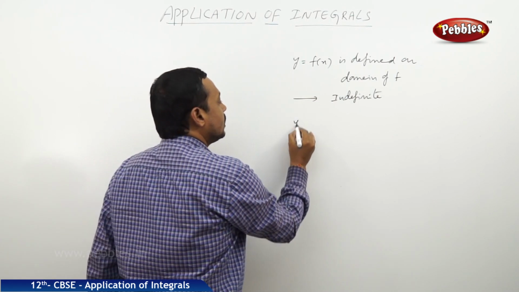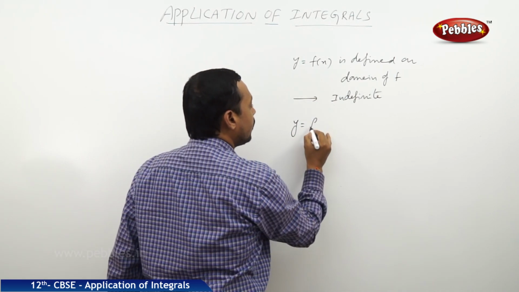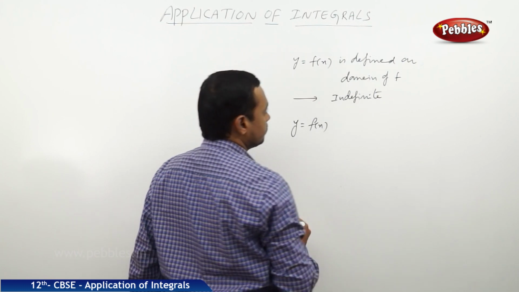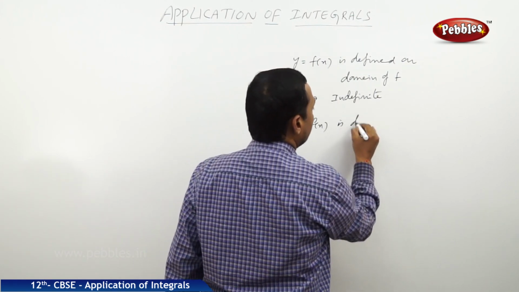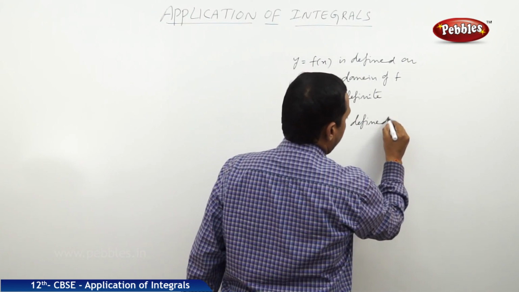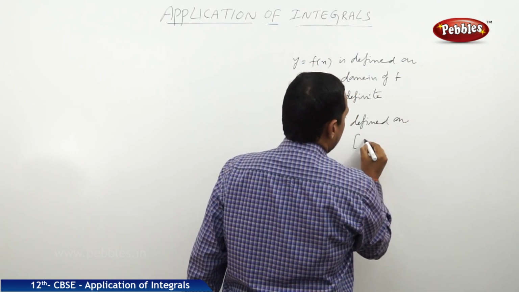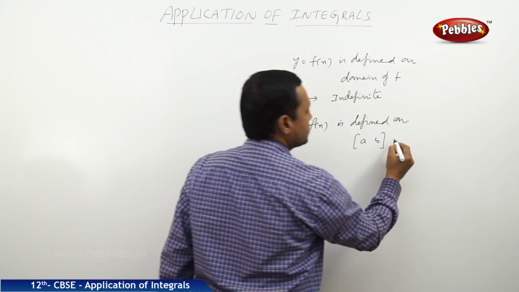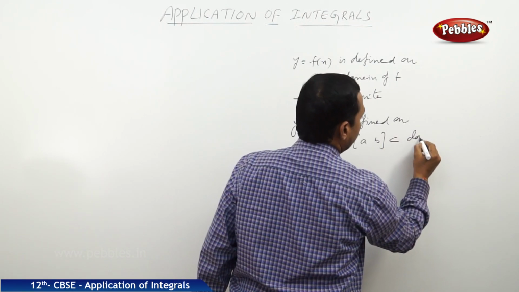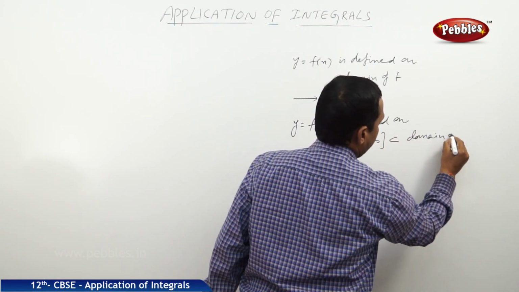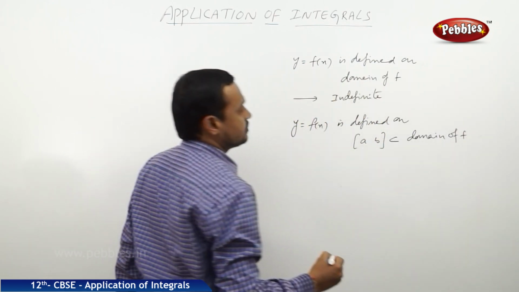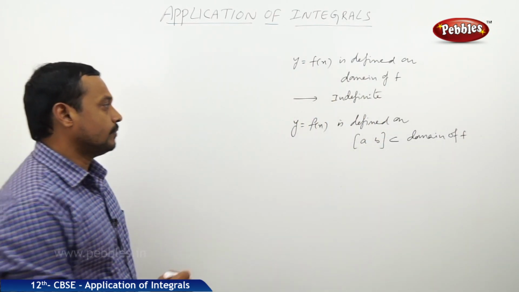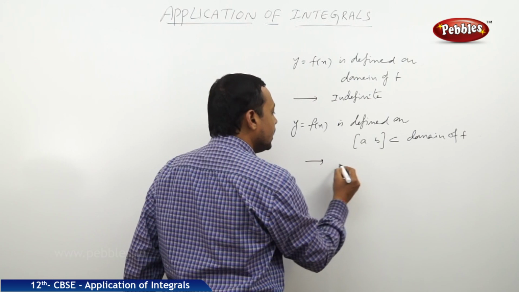Suppose the integration of y is equal to f of x is defined on an interval a to b, which is a subset of the domain of f, that is called definite integration.